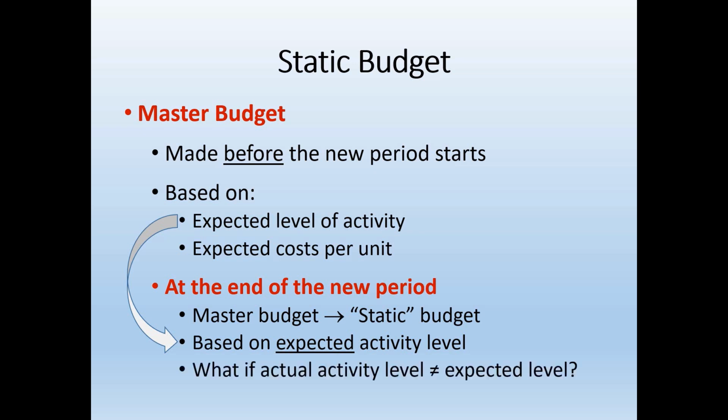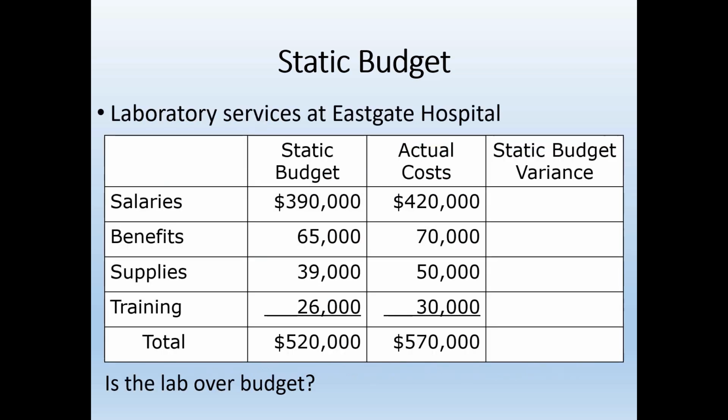But what if the actual activity level is different from the expected level? That wouldn't make a very fair basis for comparison. Let's see what happens. The laboratory at Eastgate Hospital performs various kinds of lab tests for patients who come to the hospital.